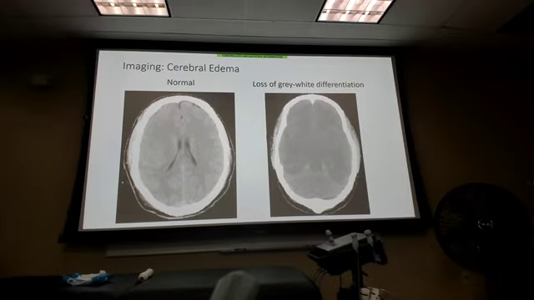Loss of gray-white matter. Normally you have that distinction of gray and a little bit whiter gray, but you don't see that differentiation in the sulci. You have that loss of gray-white matter differentiation. So that means this is cerebral edema. The brain is swollen.